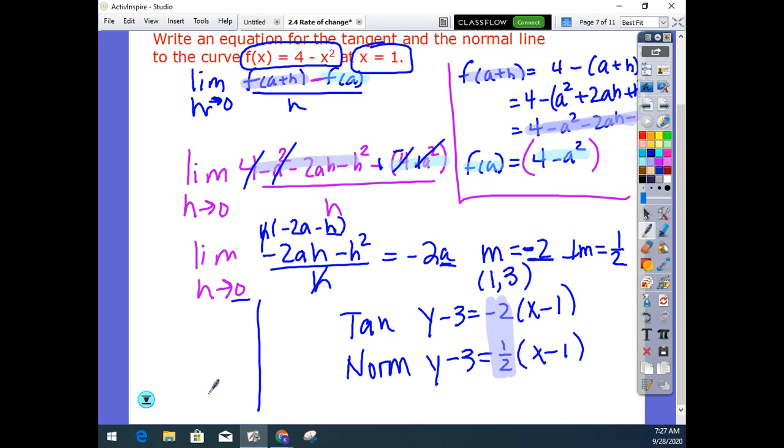So think of the curve. Four minus x squared at 1, 3. This is my tangent line, negative 2. This is my perpendicular normal line, both of them at the point 1, 3.